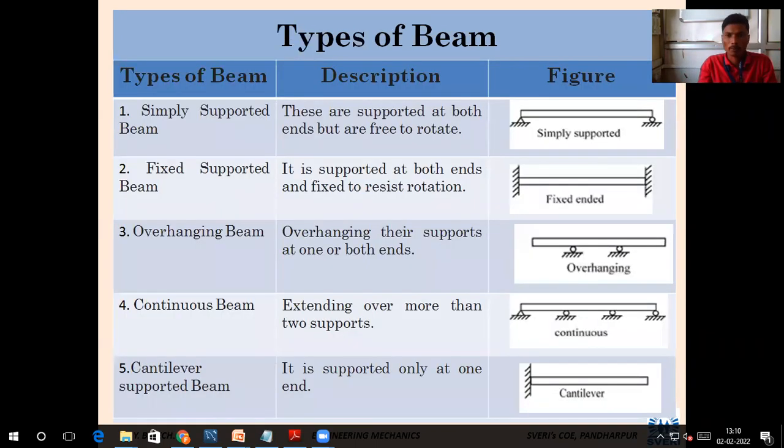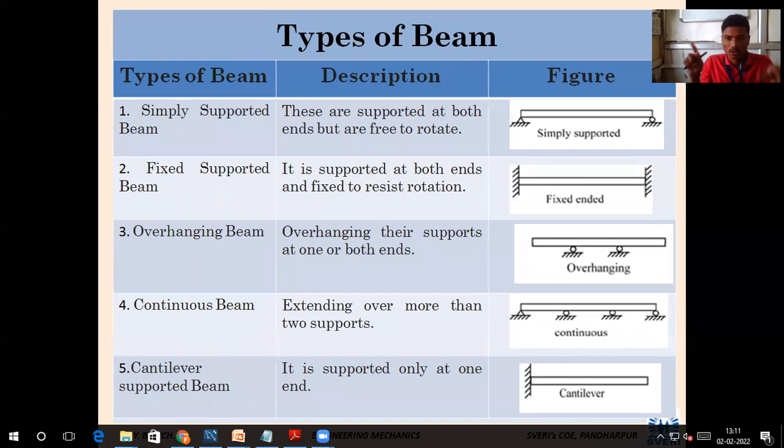Next is the types of beams. How many are there? This is going to be required today. There are 5 types: simply supported, fixed supported, overhanging, continuous, and cantilever. Why is it called simply supported? It is supported at the ends only.